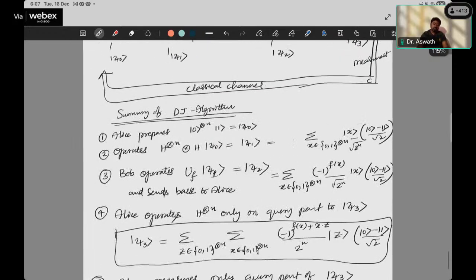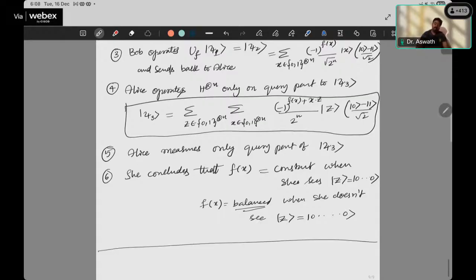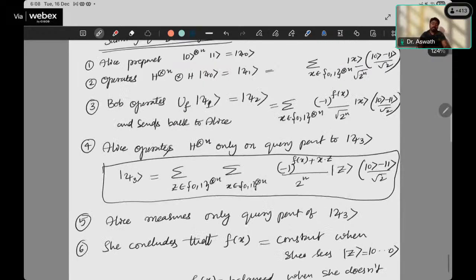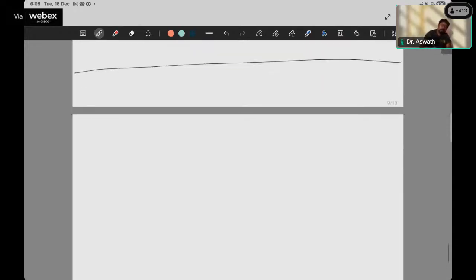Okay. So if I have to recollect what has been done from yesterday's session, remember we started with quantum parallelism, which allows one to process multiple pieces of information in one go. What is that?